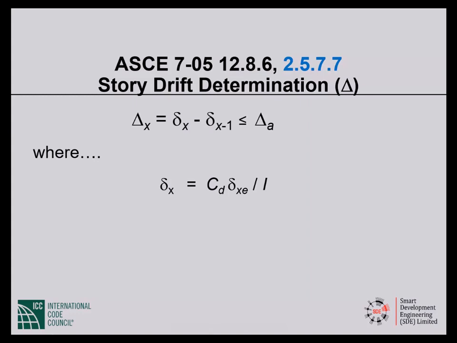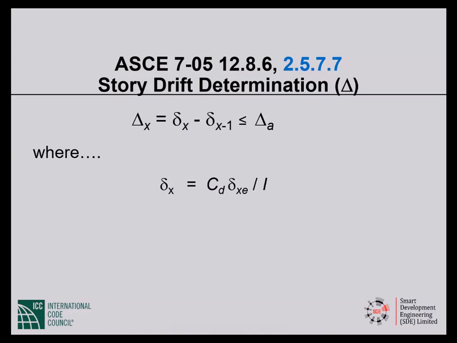Now we divide that by the importance factor I to take the occupancy of the structure kind of out of the picture. The ultimate idea is interstory drift has to be kept within tolerable limits, which is the upper equation on the page.